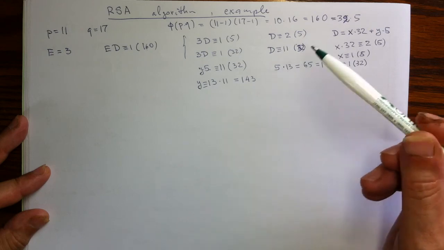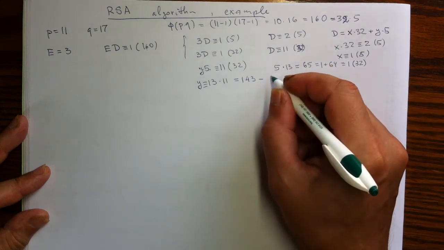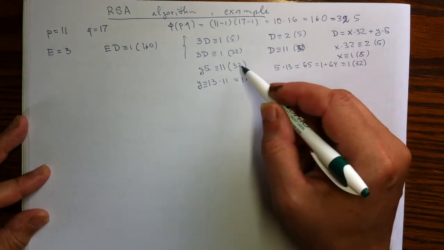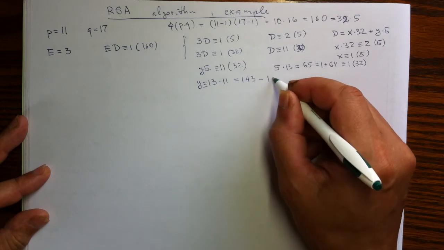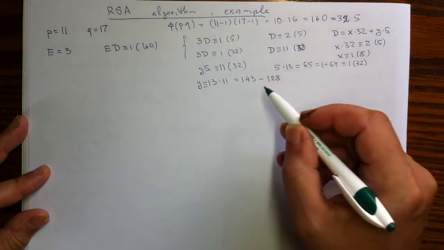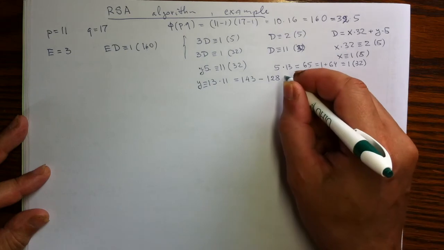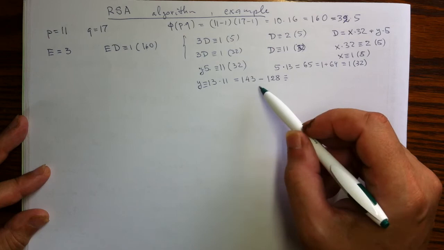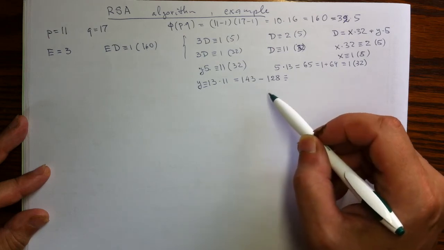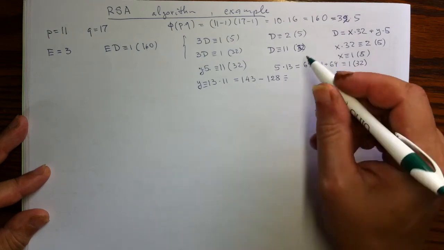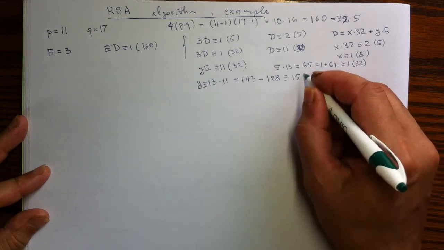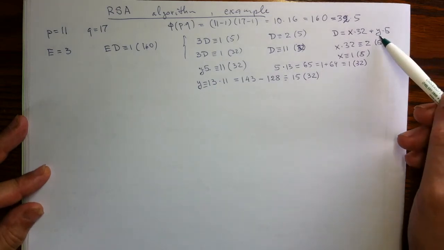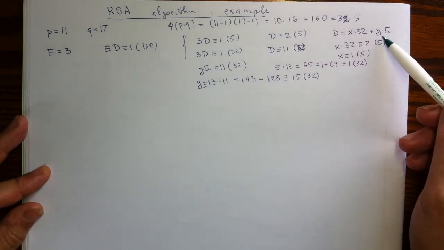Take 4 copies of 32, so it will be 128. Take it out, that will not change the congruence class. I will have 143 without 128, 15 left, modulo 32. So that is what y is, or its remainder modulo 32 is.